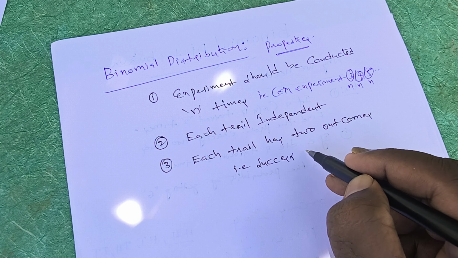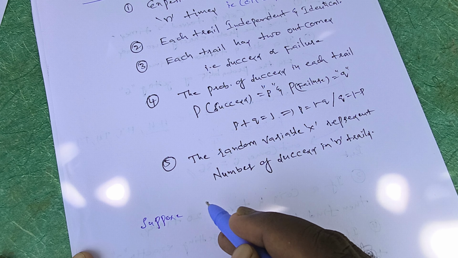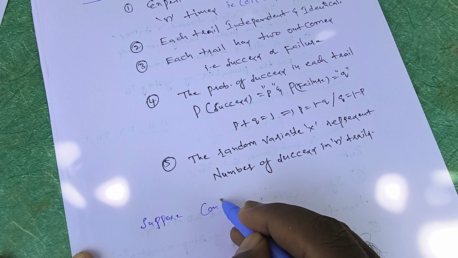So the second property can be extended to identical also. Suppose an experiment is conducted in n trials, like 1, 2, 3 and so on up to n. In each trial there are two possibilities, success or failure. In each trial the probability of success is the same, so this means identical.